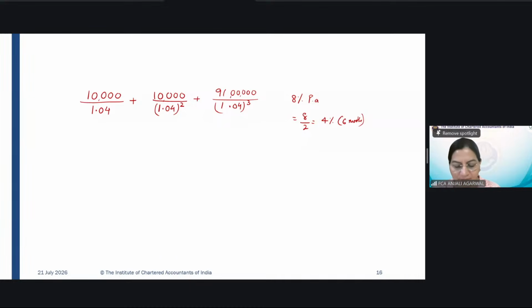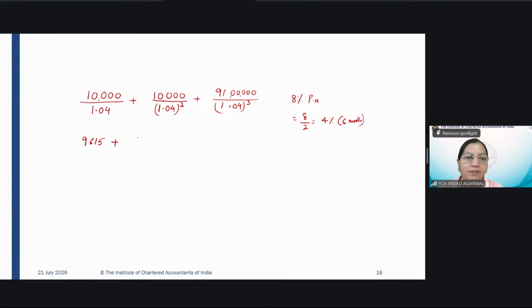The third 6-month period. So 10,000 divided by 1.04 is 9615, plus 10,000 divided by 1.04 square.